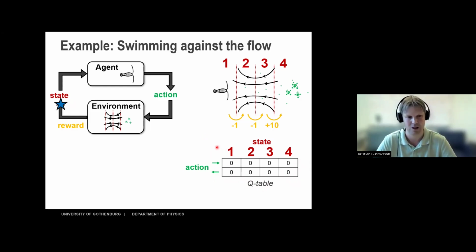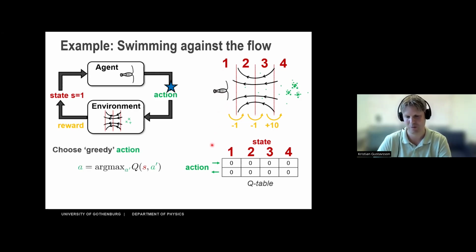But I will focus on this one because it's quite easy to understand what the agent actually learns. Okay, so now going on to the scheme, we start by measuring the state. If we start at the left-hand side here, we are in state 1, and then we need to take an action. Since the Q table should encode how good it is to take an action in a given state, we use something called a greedy action.